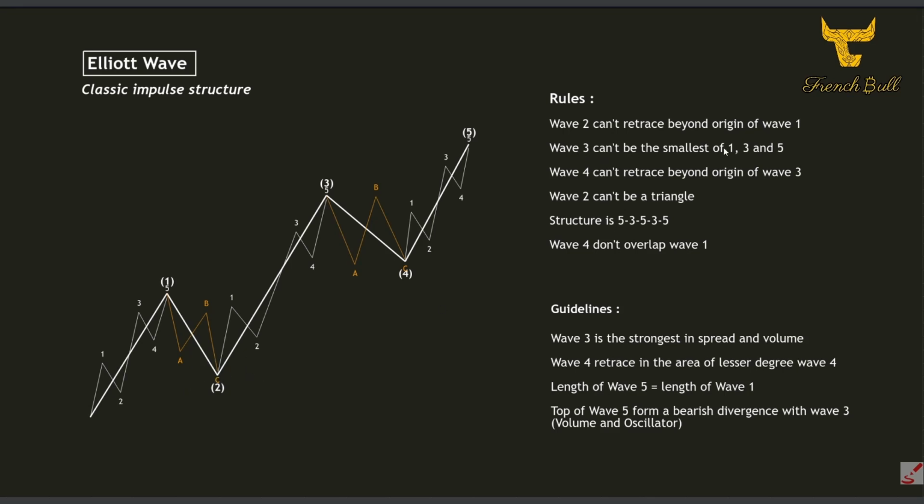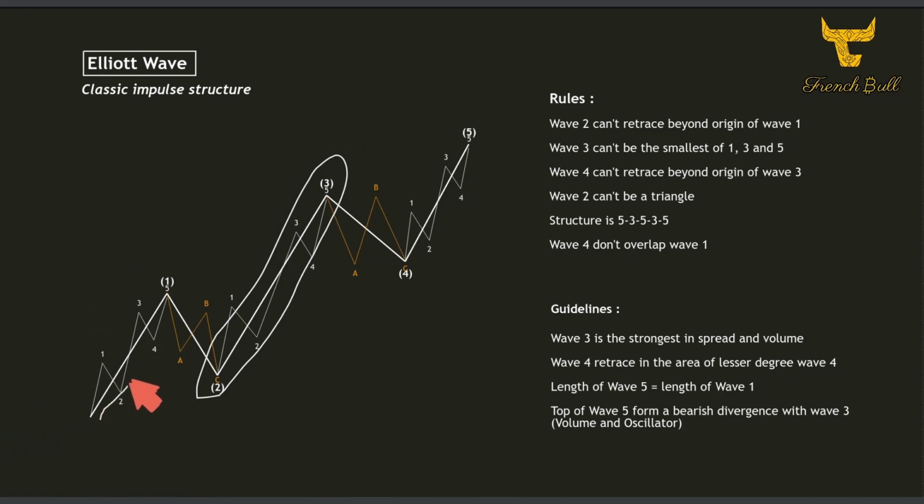Wave 3 can't be the smallest of 1, 3, and 5. This is really important. The third wave can't be the smallest impulse in a 5-wave cycle.